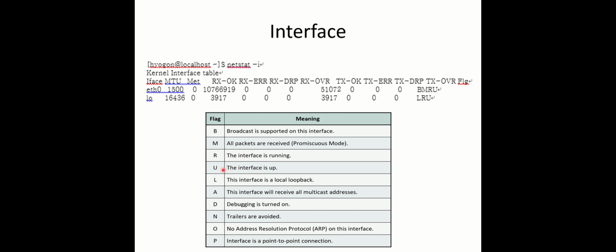It doesn't mean that the interface is actually connected to the network. But if you see R there, it means that not only are the resources allocated to the interface, it is also connected to the network, so it's fully operating.